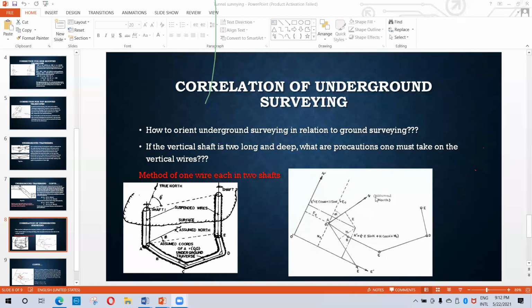Sorry, this N and E represents your assumed north and east. With respect to this north and east, you have calculated the coordinates of, let's say, B, C, D, E. You have coordinates with respect to the N and E system, but you will have to convert it to the N dash and E dash system.